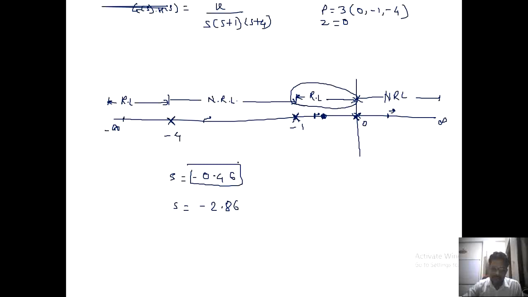If this value lies in the root locus region, that's why it is a valid breakaway point.